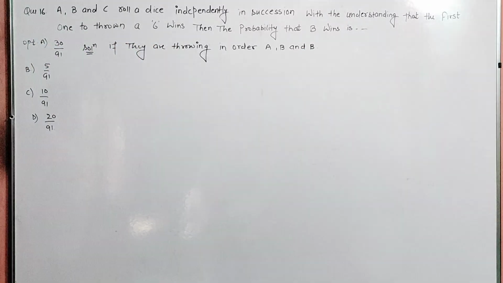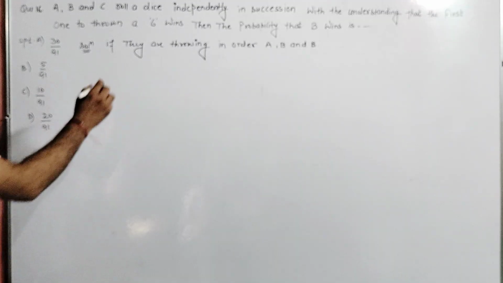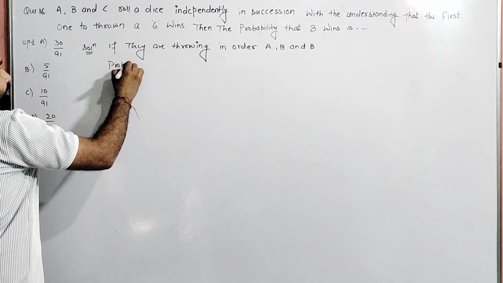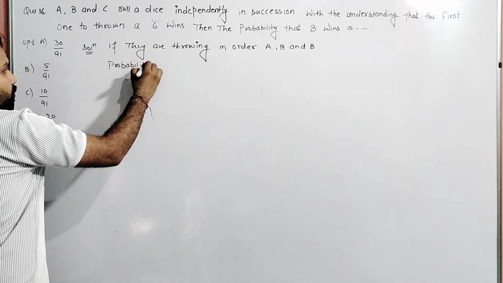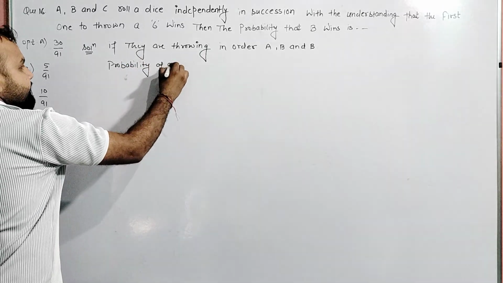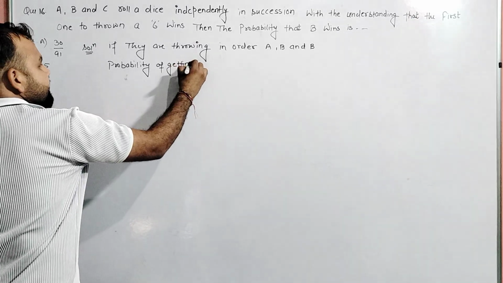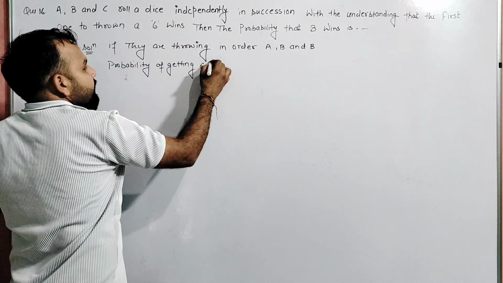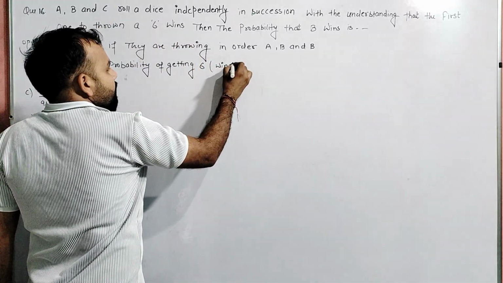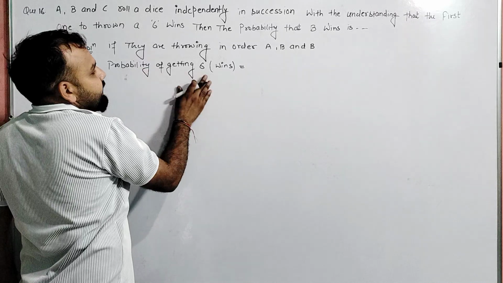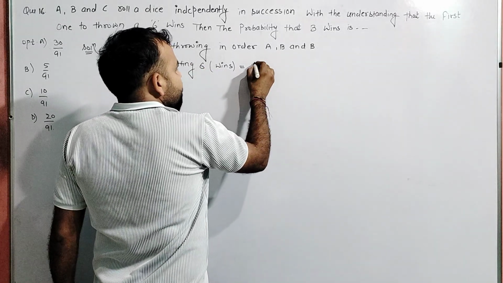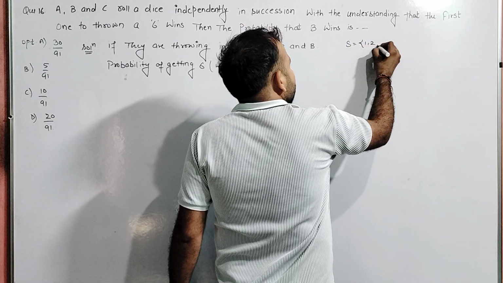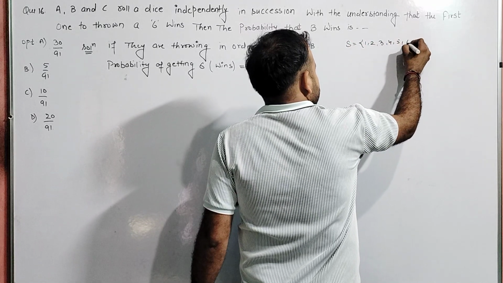And we know very well in this question, the probability of getting 6, that means if he gets 6, then he wins. That means the probability of getting 6, or probability of winning, is 1 by 6, because if we throw a dice we can get 1, 2, 3, 4, 5 and 6.